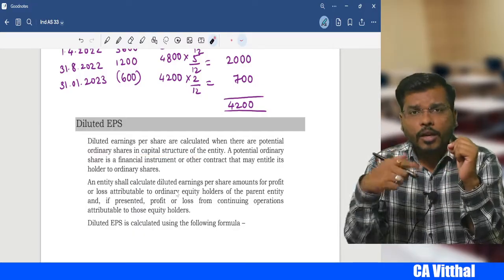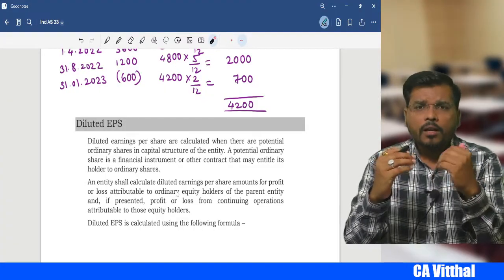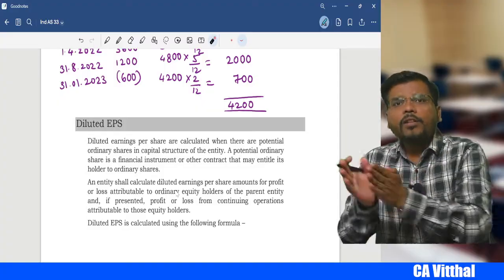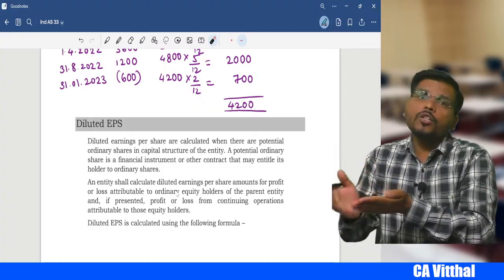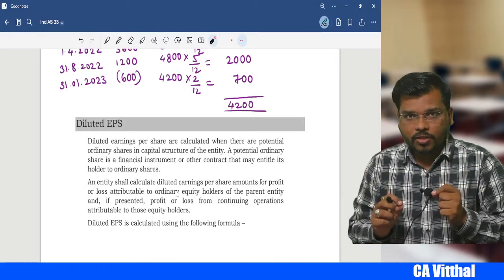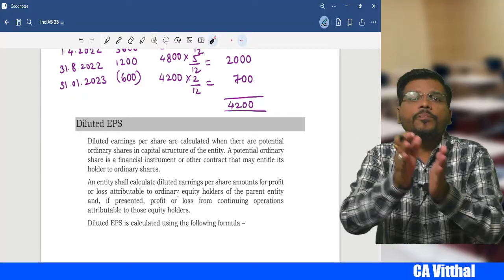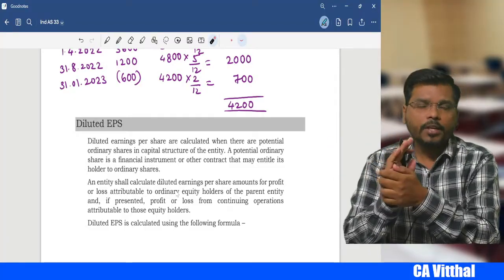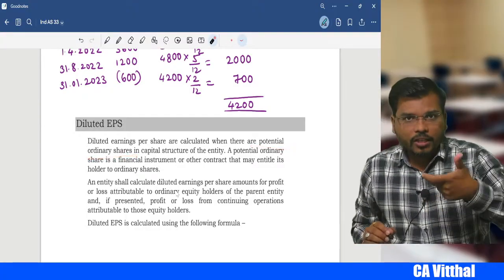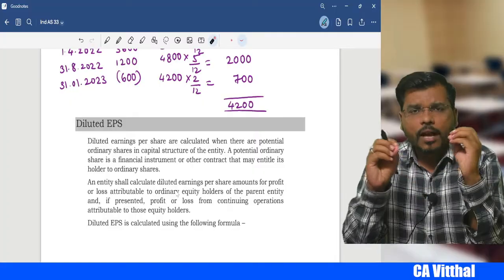For example, whenever a company issues a debenture and gives the debenture holders the option to convert their debenture into equity shares at the end of the redemption period, we call that a potential ordinary share, and due to that our earning also will get diluted, and hence we need to calculate diluted EPS.